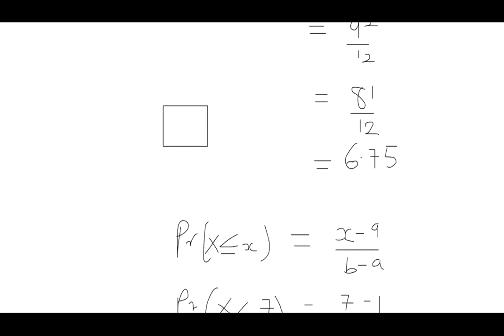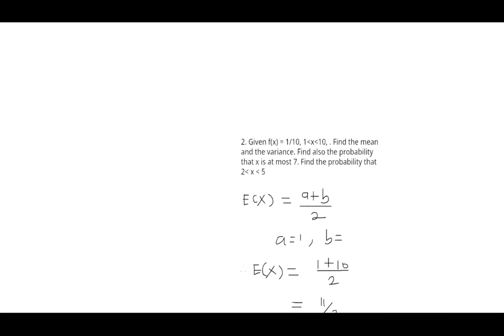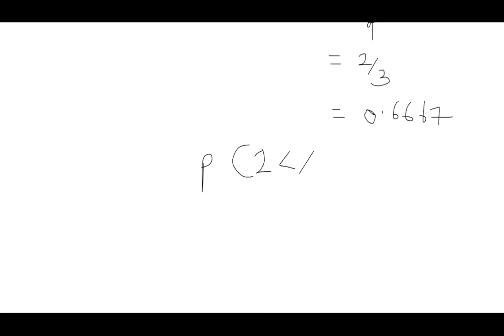The probability that 2 is less than x is less than 5 will now be just doing it for 6 and doing it for 1. You know the probability density function for 6 and the one for 1 also.